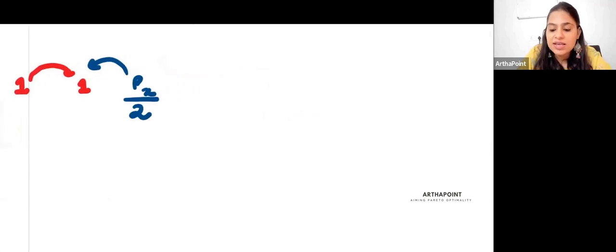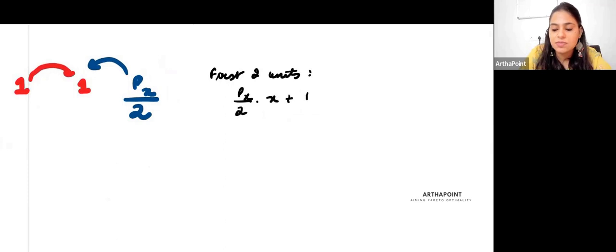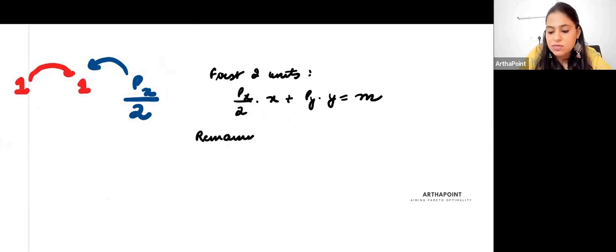So which means that I can say that for the first 2 units, I have my budget line as this. And for the remaining units, I have the regular budget line.